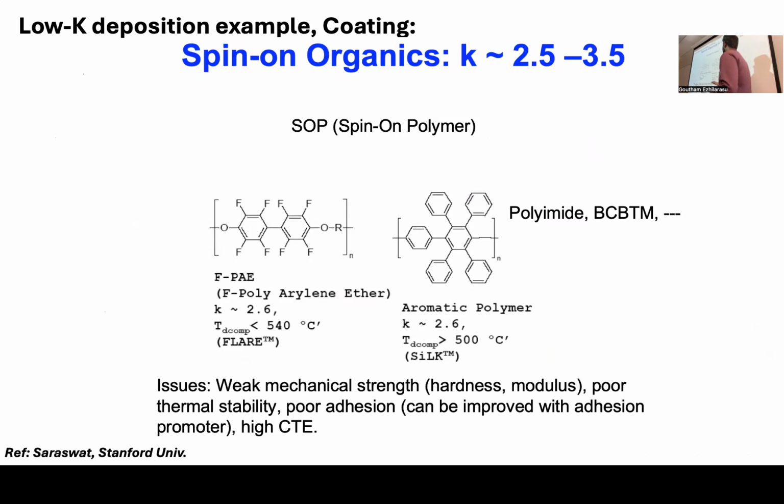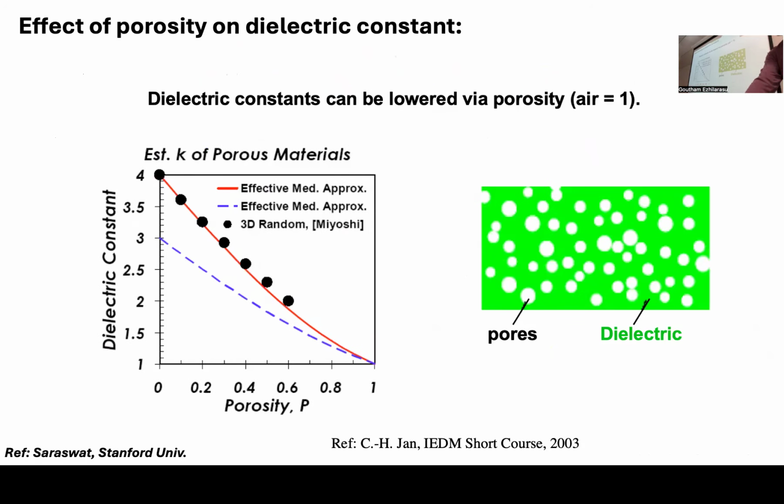And then, you can always have organics. Organics have a whole bunch of carbon-carbon, carbon-fluorine, carbon-hydrogen bonds that generally tend to have a low polarizability. And so organics generally have a much lower dielectric constant compared to silicon oxide or something like that. And then the third way is porosity. So what you can do is you can take your dielectric and you can introduce pores in it, okay?